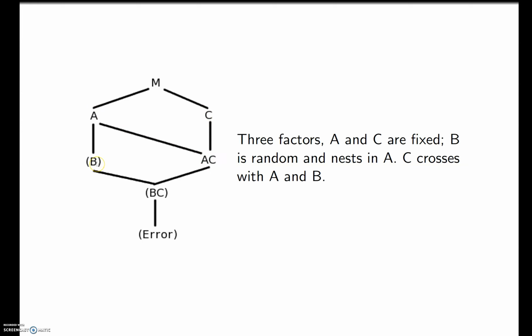But then you've got the teachers, B, nested within the curriculum choice. And then whether or not the primary language of the students in the classroom is English can cross with the teacher. And that makes sense, right? Because maybe teacher to teacher heterogeneity has an effect on whether or not the classroom is assigned to be an English first classroom or English learning classroom. And then we've got the error.